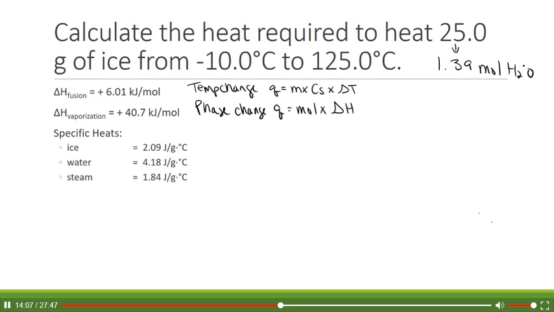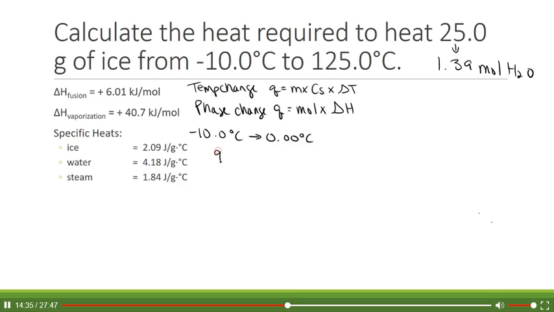Okay. Now we're going to go from our lowest temperature up to our melting point. From our melting point, we will melt. And then from that point, we'll go up to our boiling point, boil, then go up to 125. So our first temperature change is going from negative 10 degrees Celsius to 0 degrees Celsius, up to that melting point.